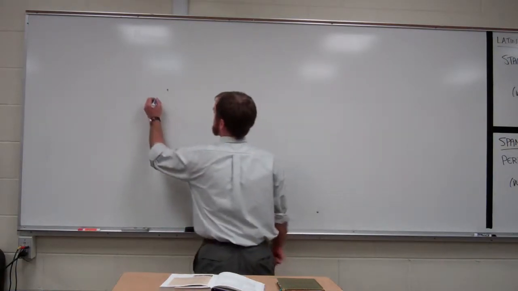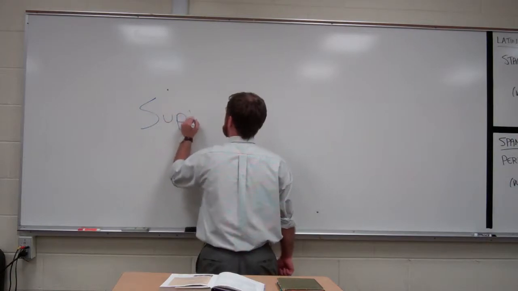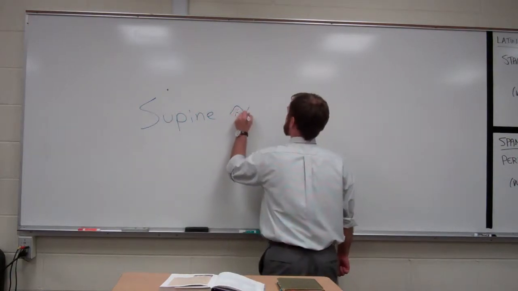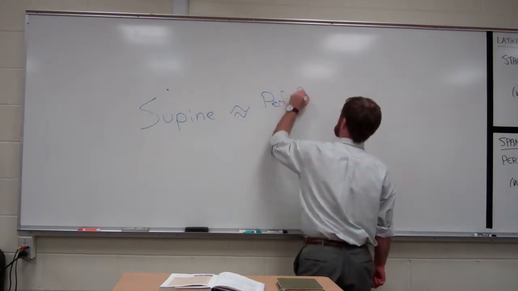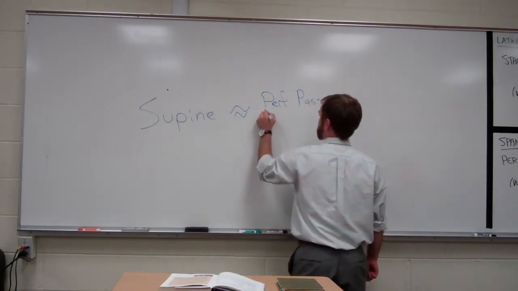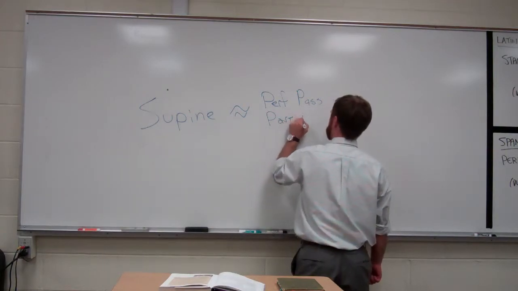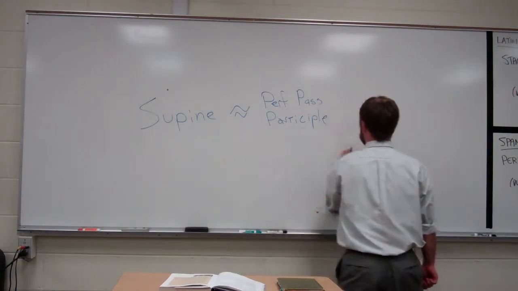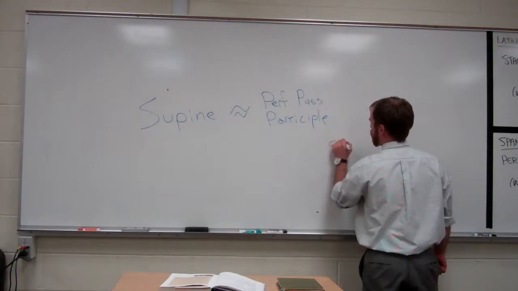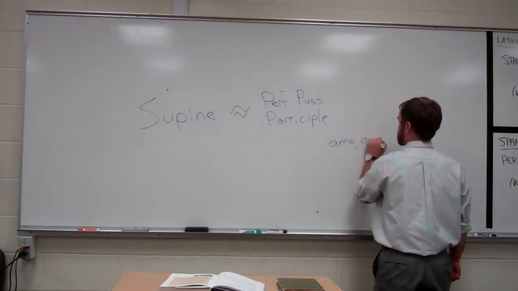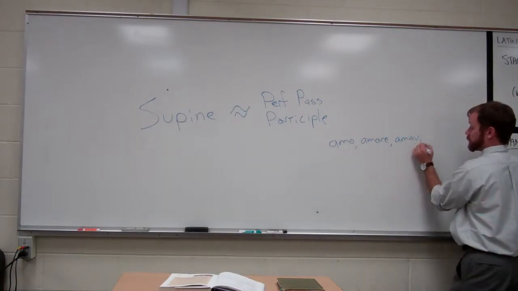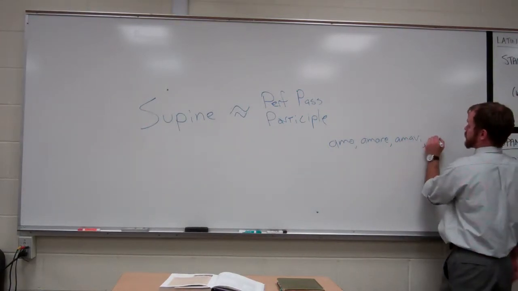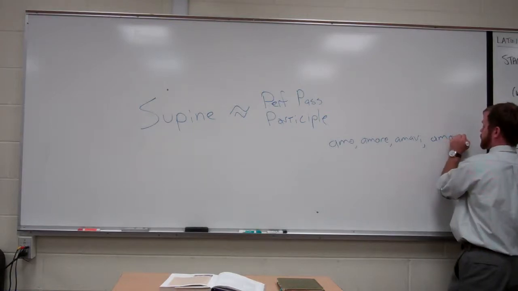So the supine is similar to a participle, specifically the perfect passive participle. So we have verbs like amo, amare, amavi, and then we end in the fourth principal part with the perfect passive participle, amatus.